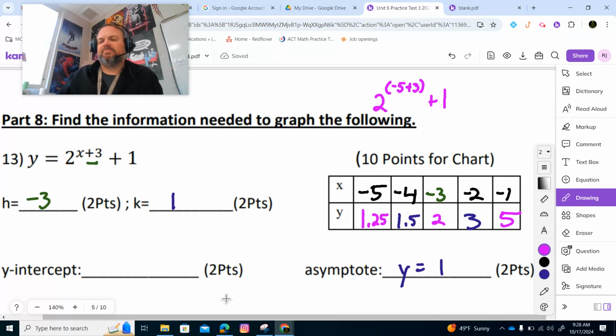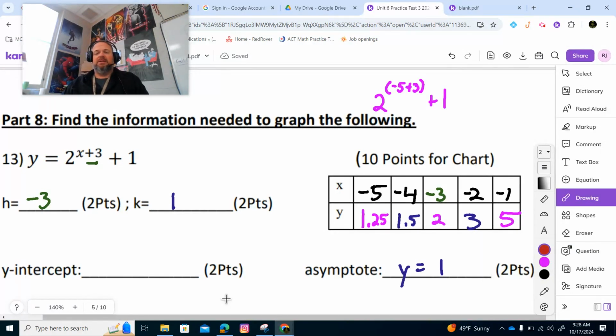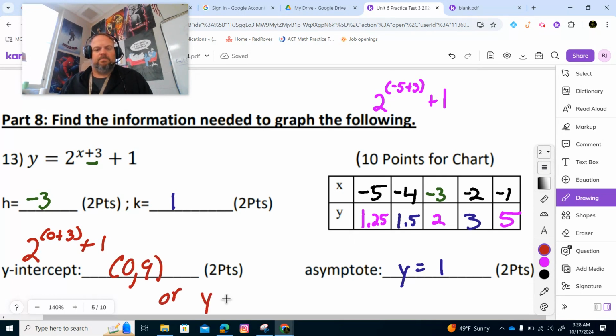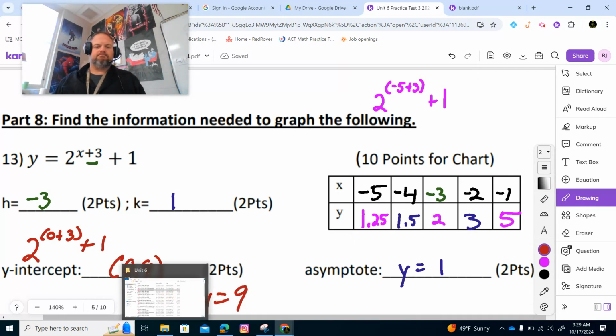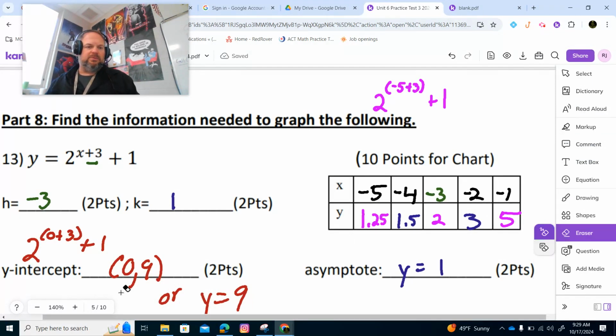All right. So we were very close to finding our y-intercept, but we didn't get there. I wonder what Photomath looks like when you try to take a picture of this.